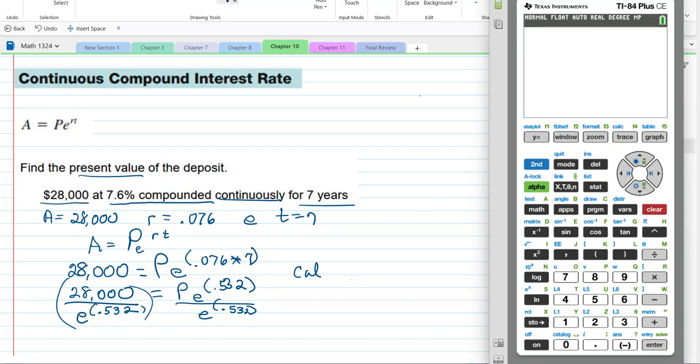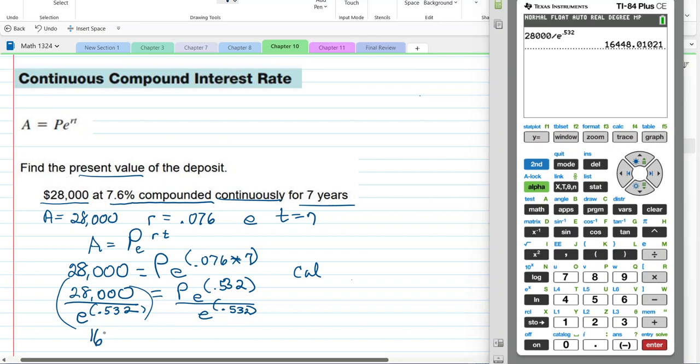There we go. 28,000 divided by, excuse me, second ln, get the E, 0.532, and enter. Get this, 16,448 and 1 cent equals the P. And that is our answer for that question.